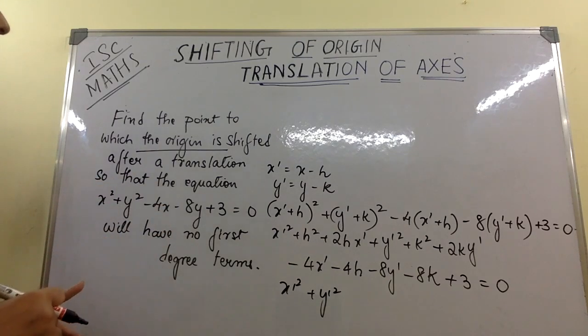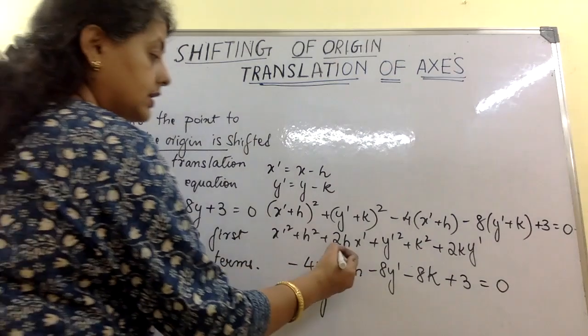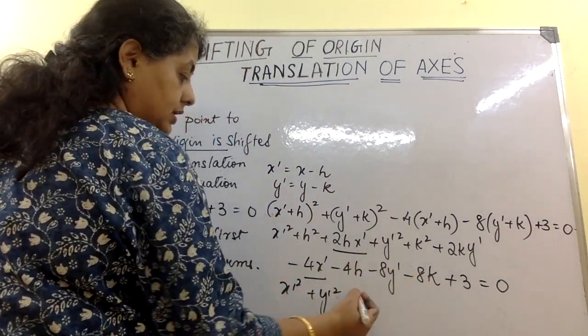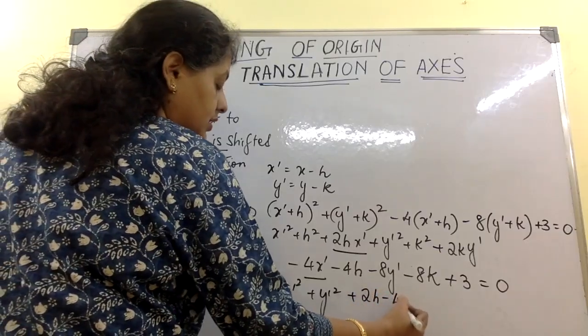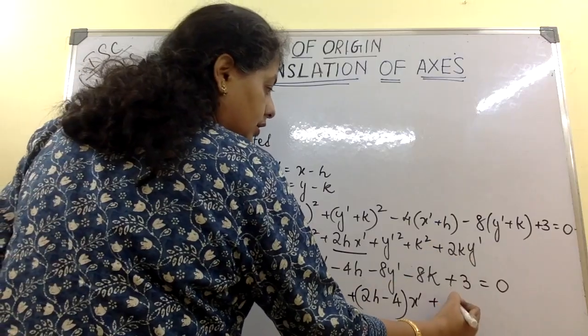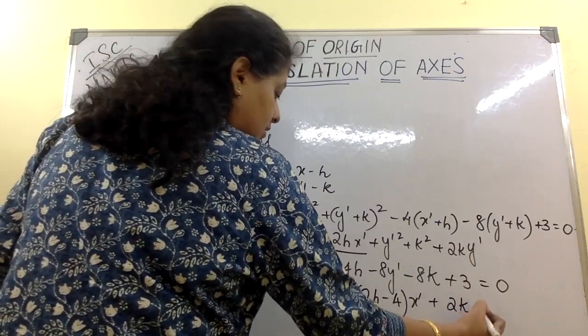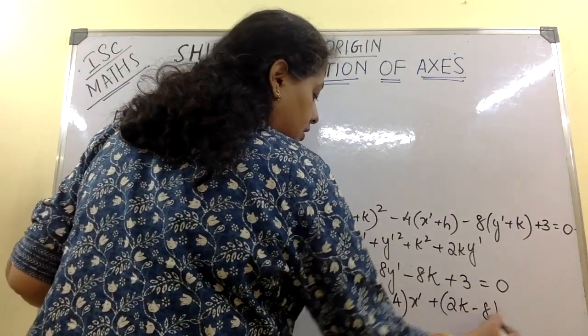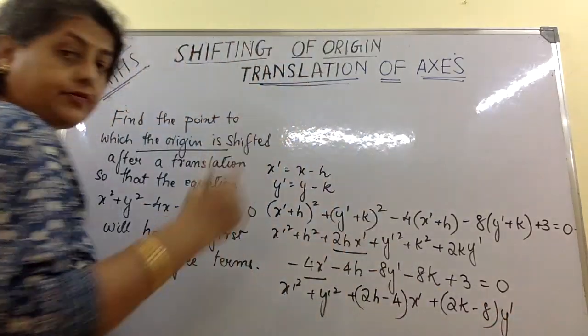Now what to do? Here I can take this term and another x dash term, which is this, so 2h minus 4 times x dash, plus then this term, 2k minus 8 times y dash. Then what am I left with?